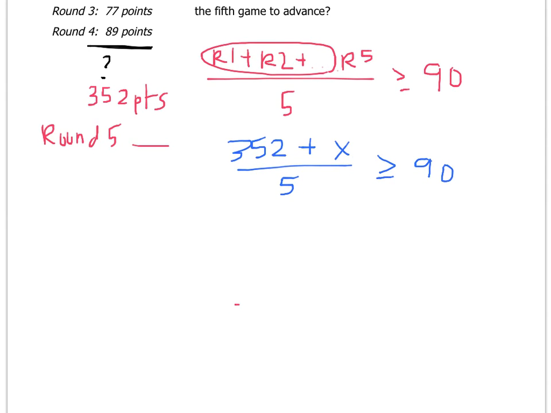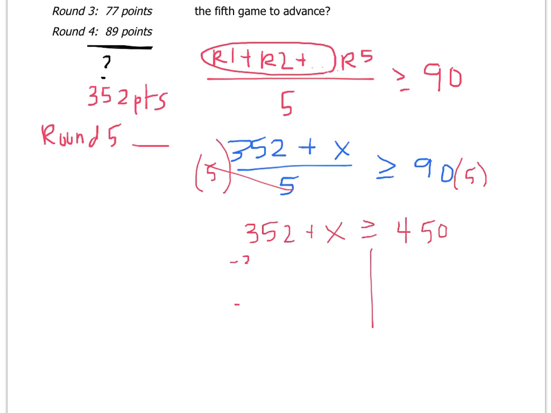In this one, I actually have to get rid of the 5 first. So I'm going to multiply both sides by 5. 352 plus x is greater than or equal to 450. And when I subtract 352, that gives me x has to be greater than or equal to 98 points.